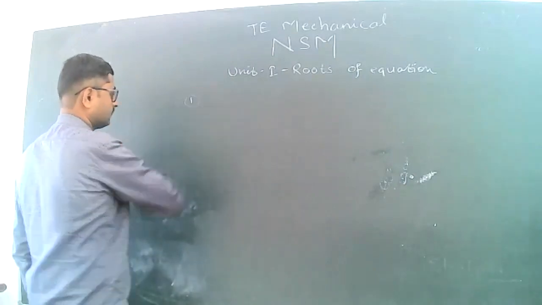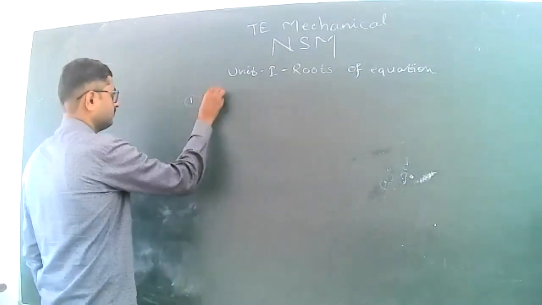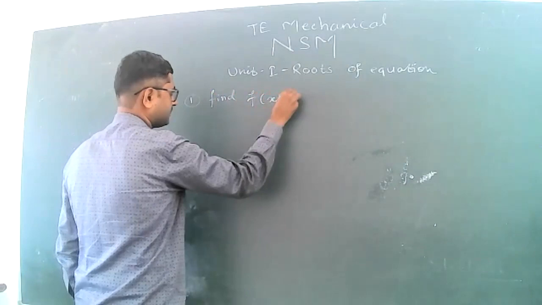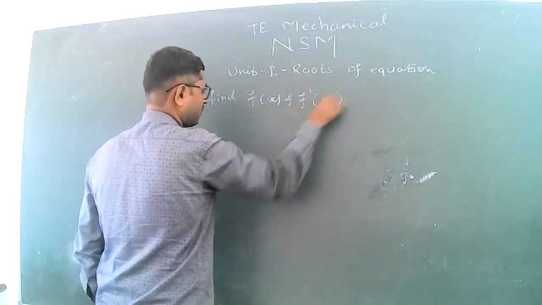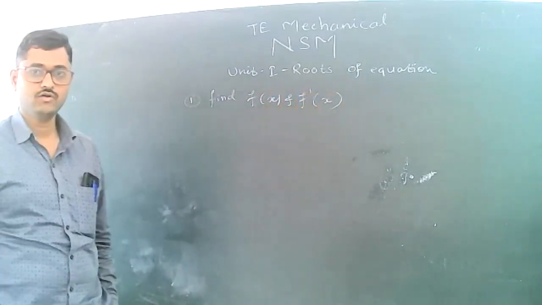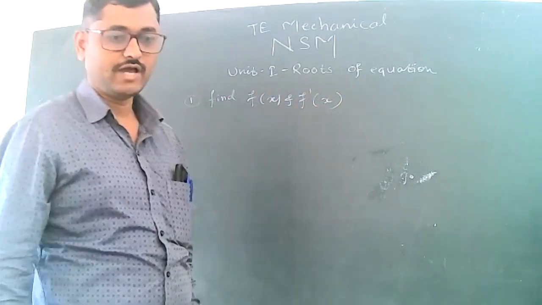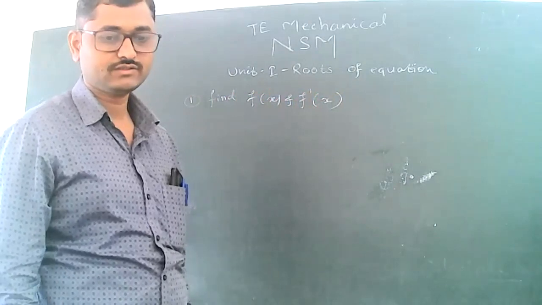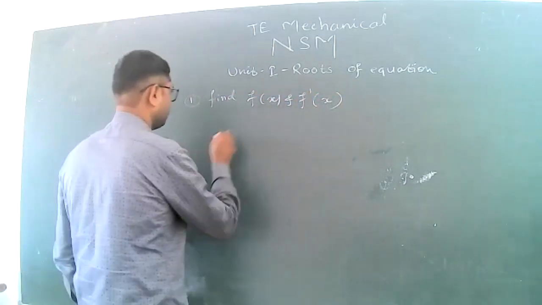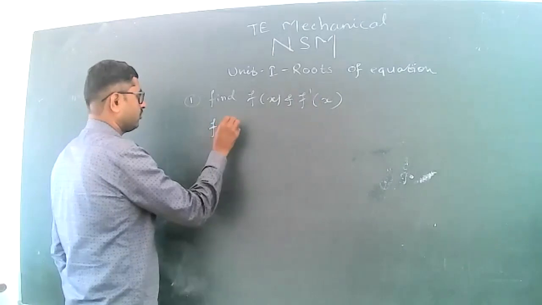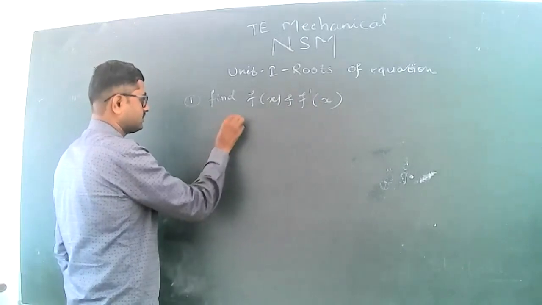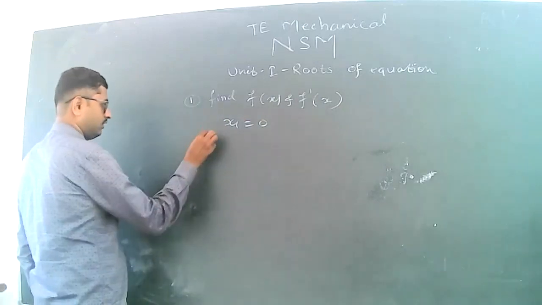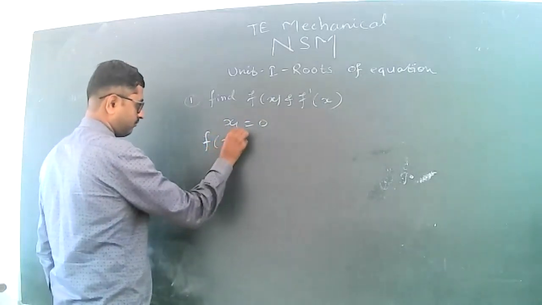How do we find f of x and f dash of x at x1? Because we assume the initial guess x1 is equal to 0, we have to find f of x1.